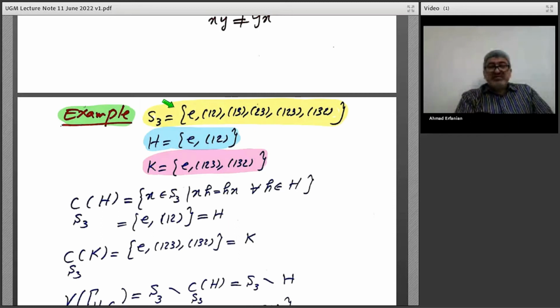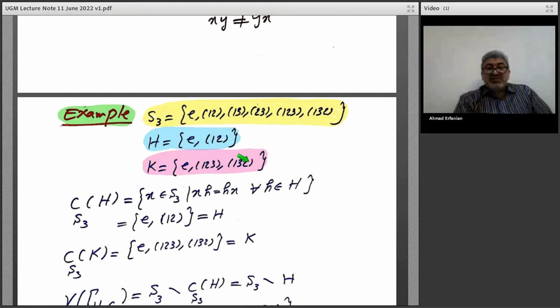Again, we consider the symmetric group S3, so we have 6 vertices here, 6 elements here, and we assume that H and K are two subgroups of order 2 and 3 respectively.